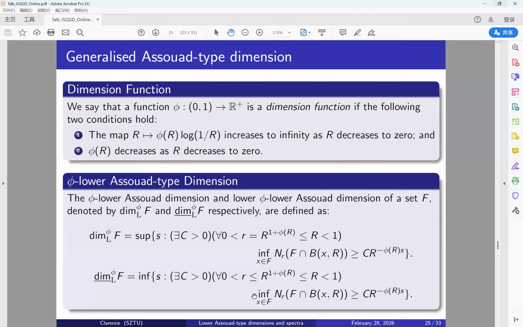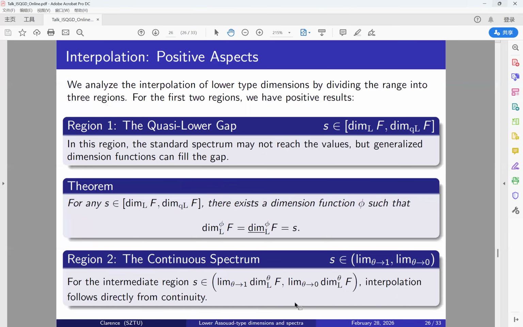The difference is that for the phi lower dimension, the small r can be chosen arbitrarily smaller than R to the power of 1 plus phi. And the main thing is to also consider the lower bounds too.